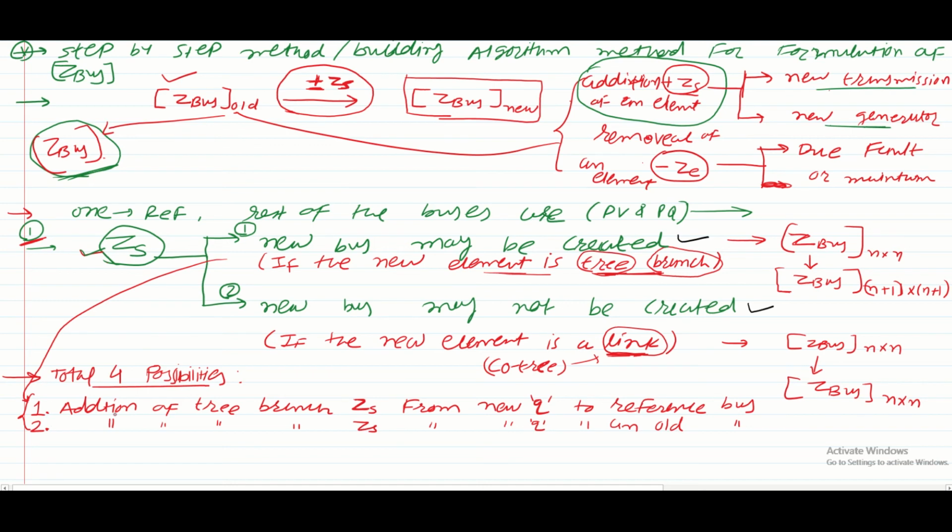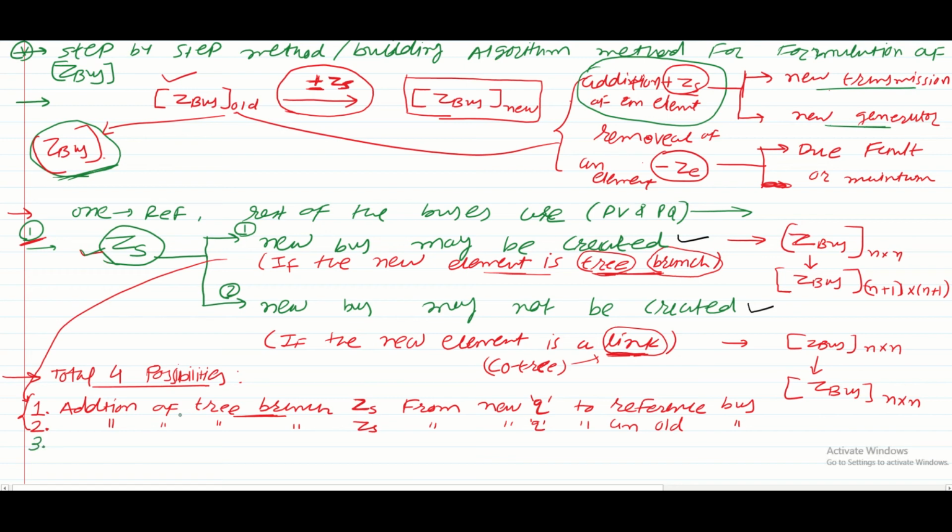The first is addition of tree branch ZS from new bus to reference bus, and the second is addition of tree branch ZS from new bus to an old bus. Clear? In the same way, the third and fourth are derived from the second one.